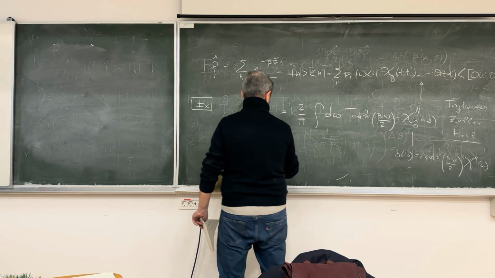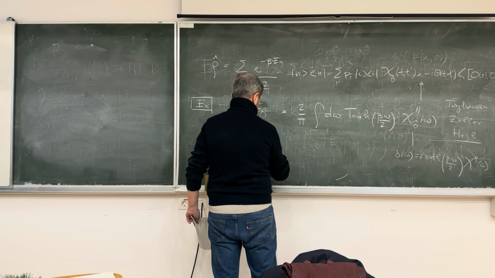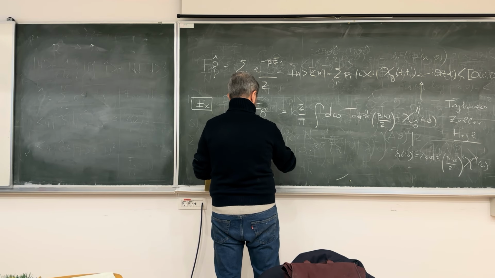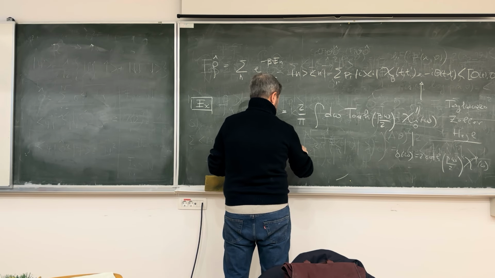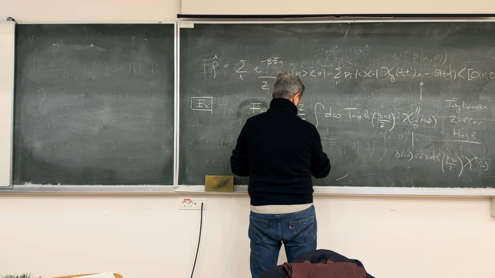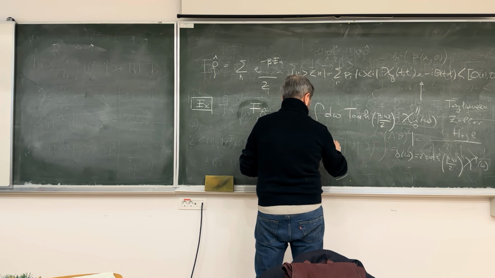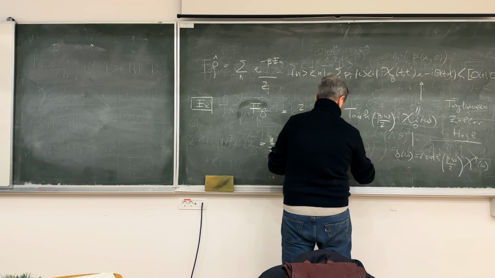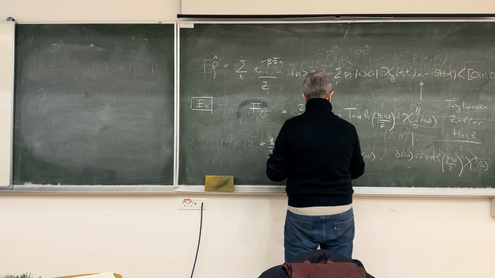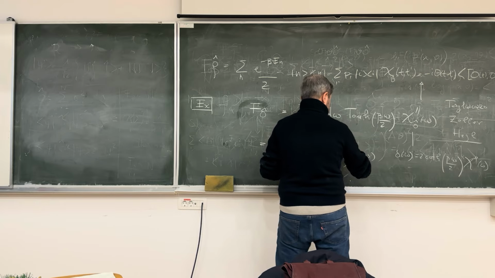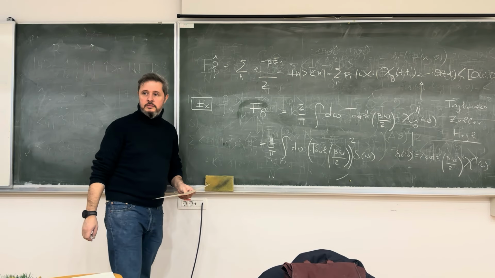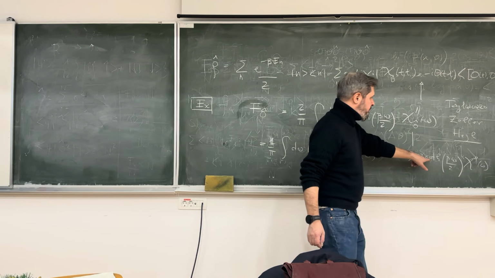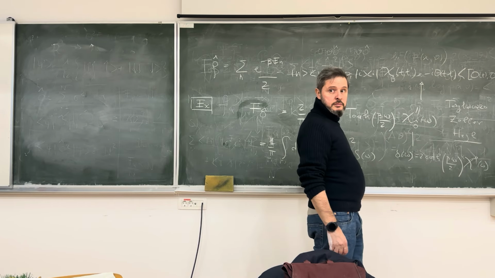And therefore we can rewrite this as 1 over pi, integral d omega of tanh of beta omega over 2 times S of omega, tanh squared. Okay? I just use the fluctuation dissipation theorem, plug it in here, and that's what I get.